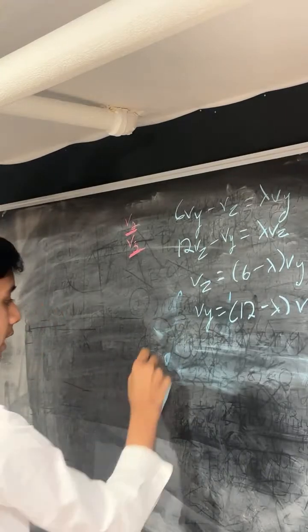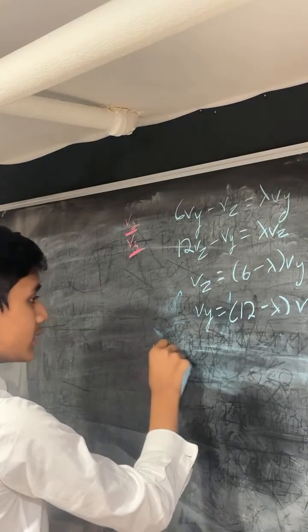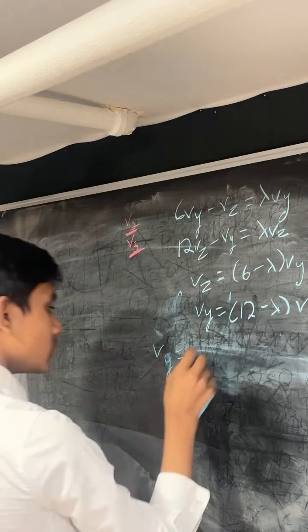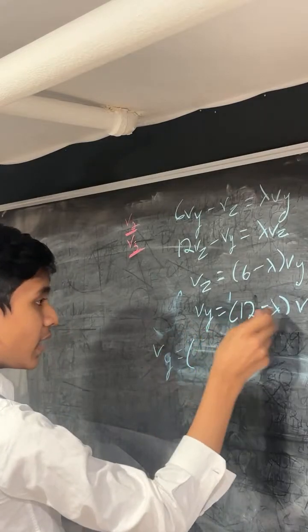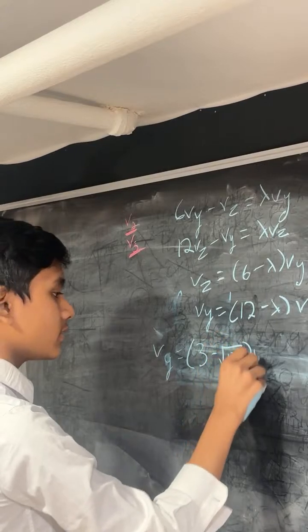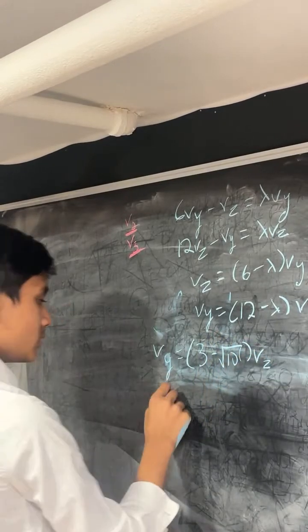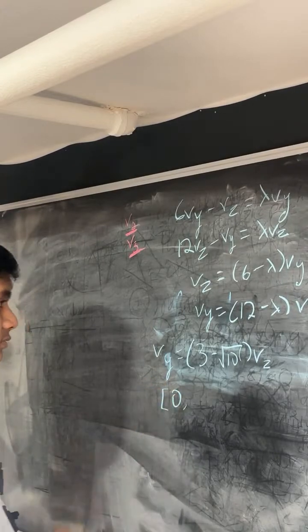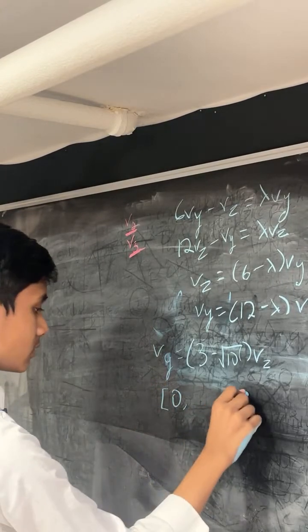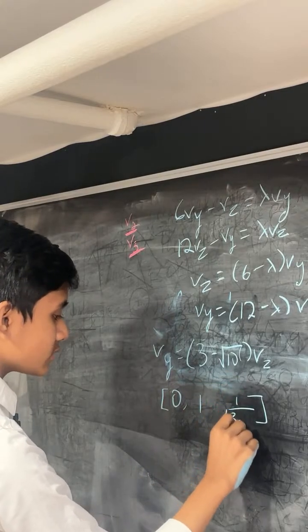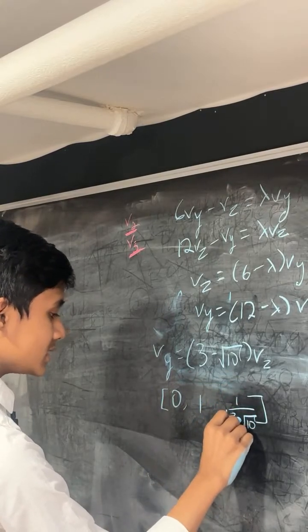So then all we have to do is set Vy is equal to, well, lambda 2 is 9 plus rad 10, which means 12 minus 9 plus rad 10 is 3 minus rad 10 Vz, which gives what? 0, 1 over 3 minus rad 10. Pretty simple.